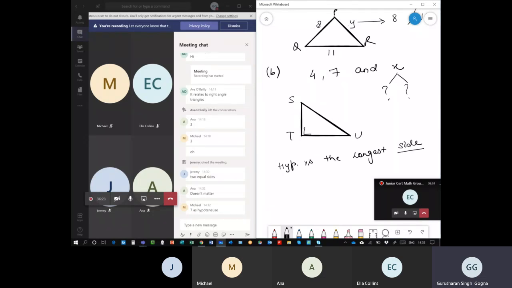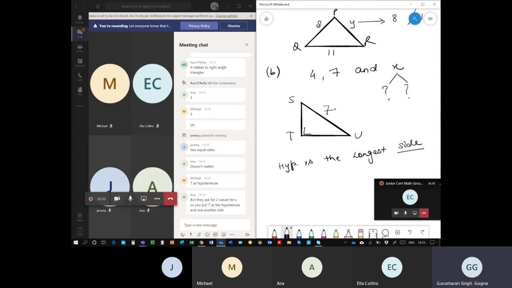I can assume that x is smaller than 7, let's say. And by that assumption, I can say 7 is hypotenuse. Yes, but they asked for two values for x, so you put 7 as the hypotenuse and another side. Yes, that's now correct. So they asked for two values.